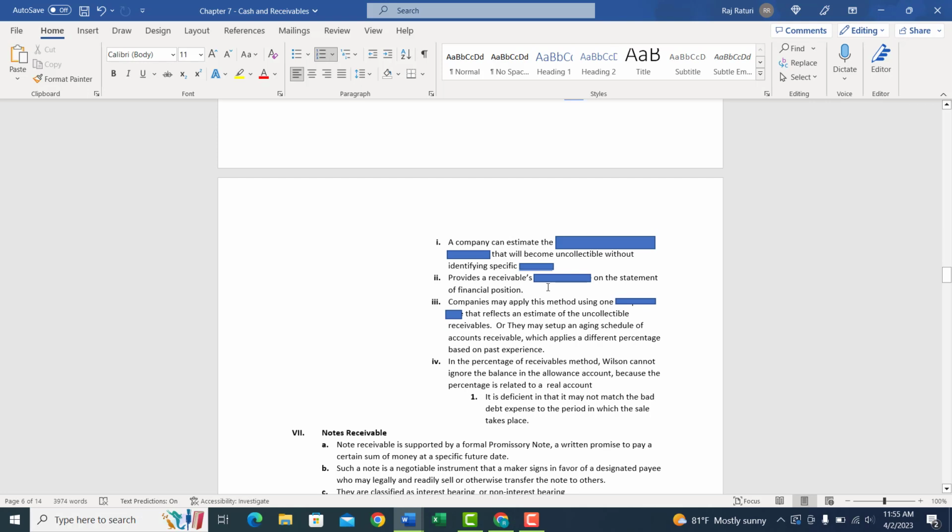Again, net realizable value is a key concept. It presents receivables at net realizable value.